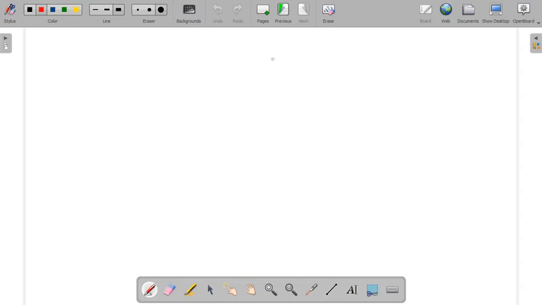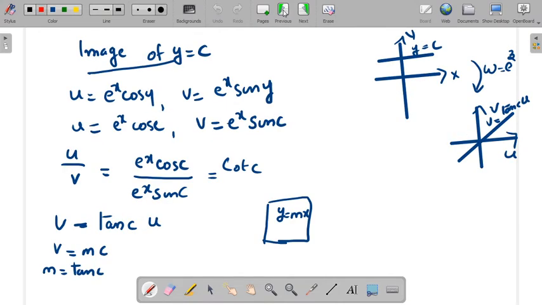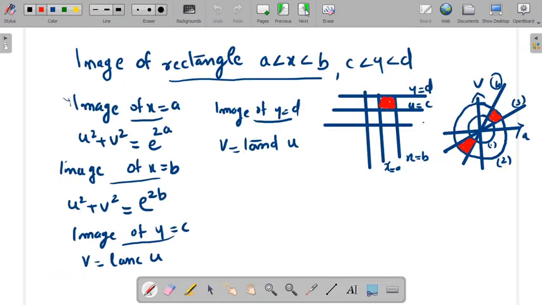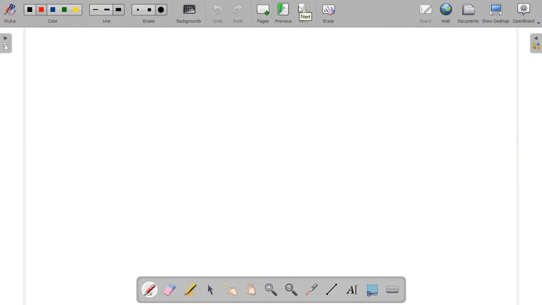Shall we move to the next map? Okay. So the next map we are going to see is w equal to sin z.